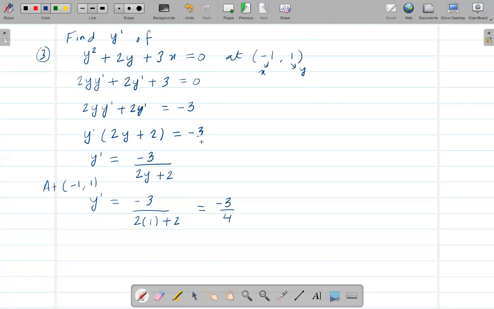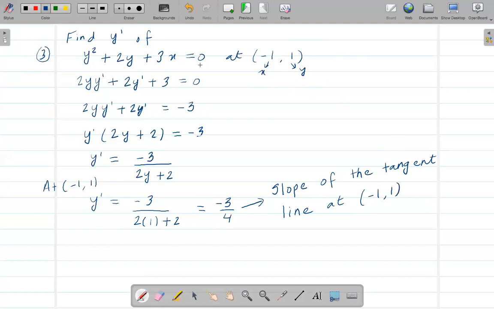And one thing, whenever you see this value, what is the meaning of y prime is equal to some value? The meaning is that this value is the slope of the tangent line at this point.